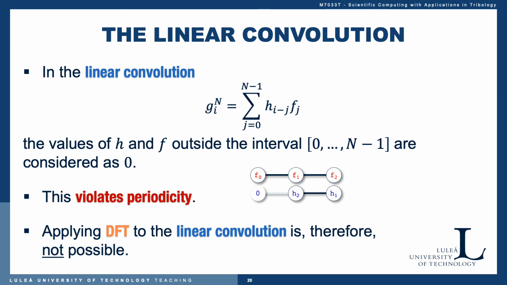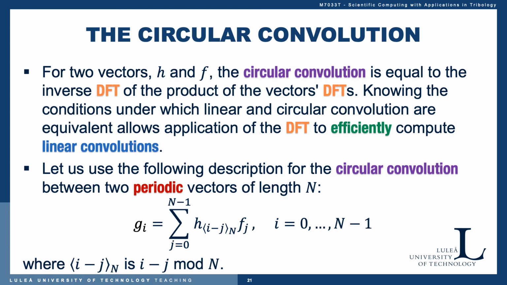Now, think of applying this to a periodic function. It would be detrimental, as it would violate the periodicity. And this means that we cannot apply an FFT to the linear convolution. Or we can, of course, but we would get a very strange result, not the expected one. So instead, to have a good result for a periodic function, we have to apply a circular convolution.